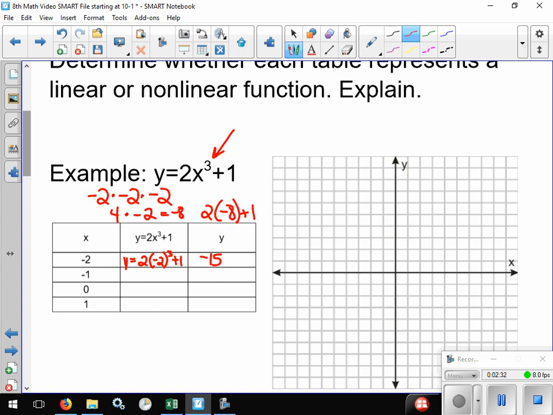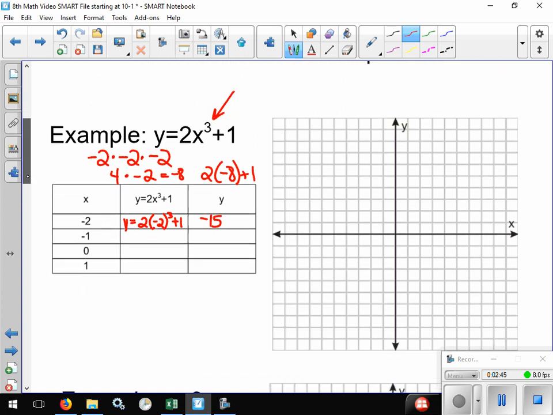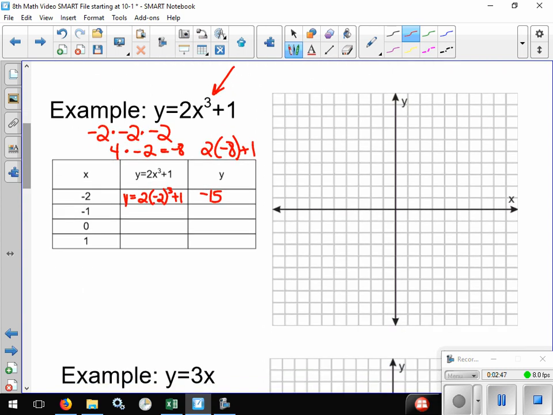This is where you have to know your integers. They're not going away all of high school, so just embrace them and learn them. Okay, so we're at negative 2, negative 15. Let's keep going. We have y equals 2 times negative 1 to the third power plus 1. So again, it's negative 1 times negative 1 times negative 1.